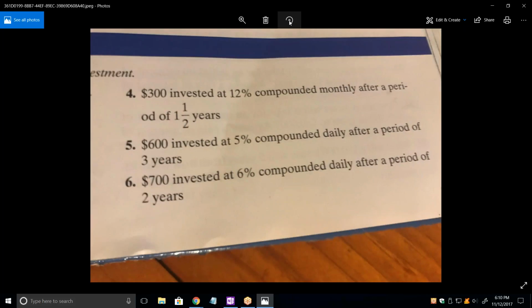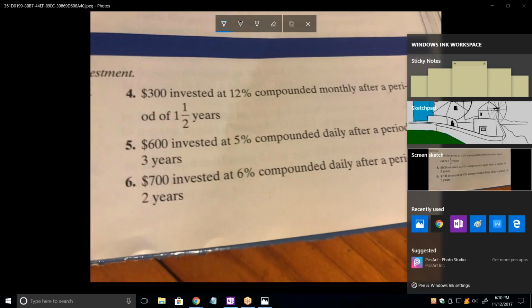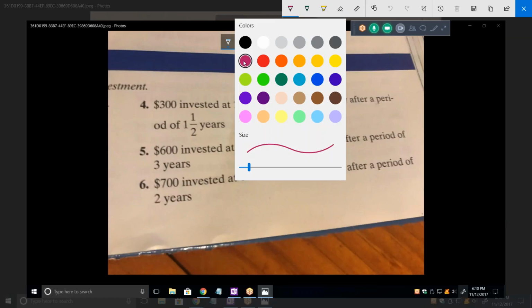Tell me what 4 is going to be. 300, parentheses. One moment. I have to take a screenshot before I can write on it in my normal pen.